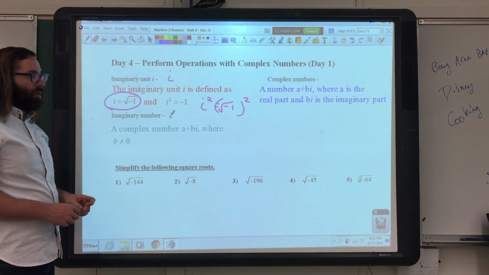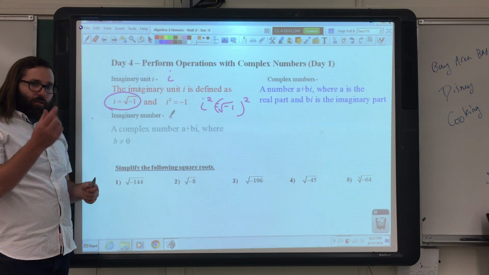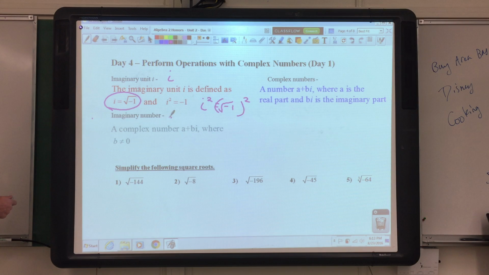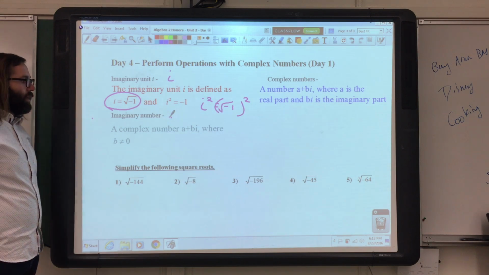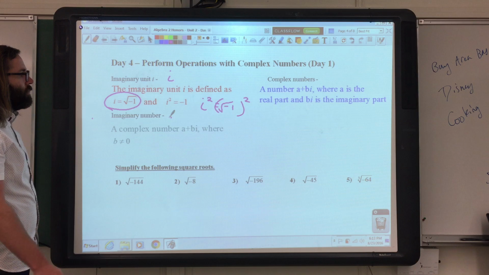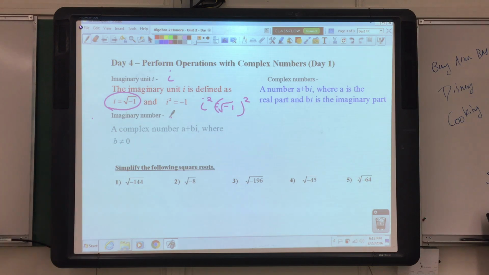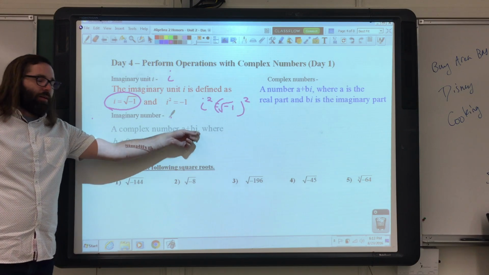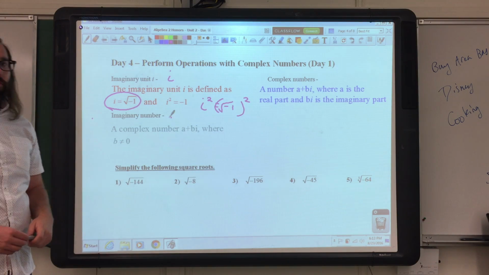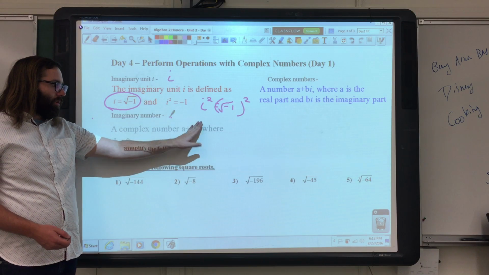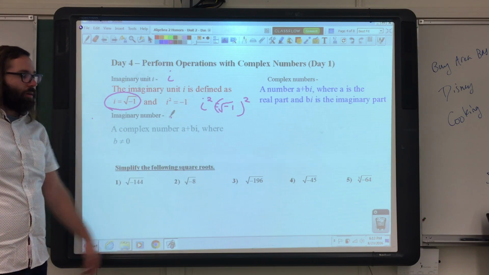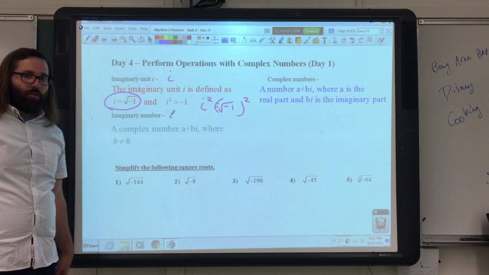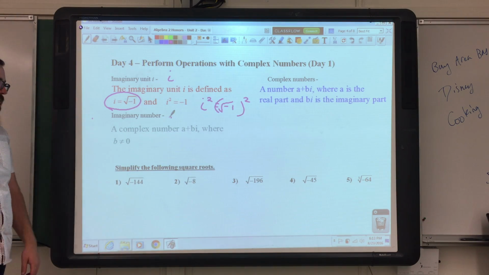Basically, for an imaginary number, you have real part a and bi, where b is not 0. If it's 0, this just cancels out and you get a, which is real. So as long as there's some type of i, it's going to be imaginary or complex.